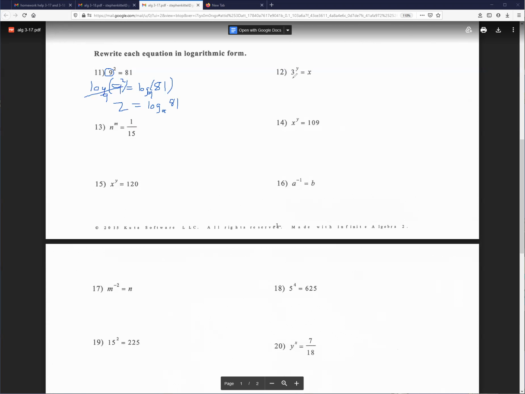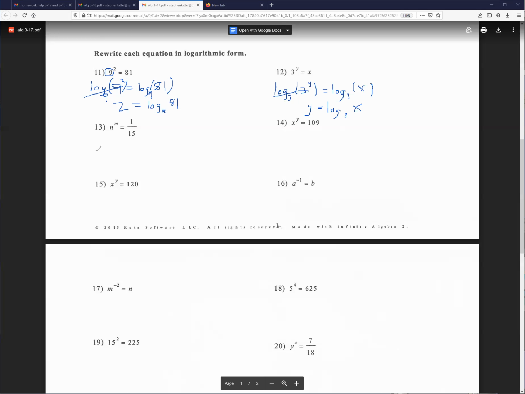I'll do one with numbers again. So base 3 here, we're going to do log base 3 of the 3 to the y is equal to log base 3 of x. Log base 3 of 3 to the power cancels. We just have y equals log base 3 of x. The rest of these have variables in them, but that's okay.